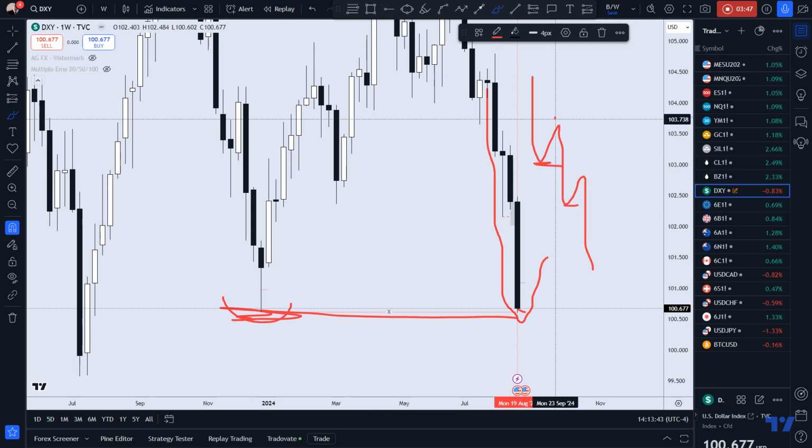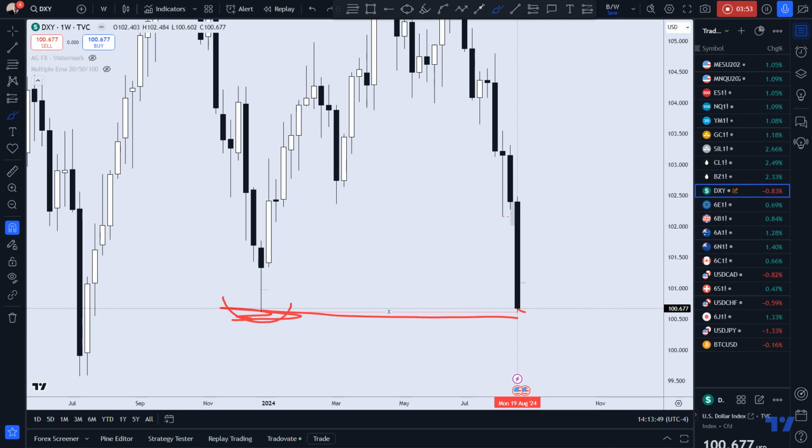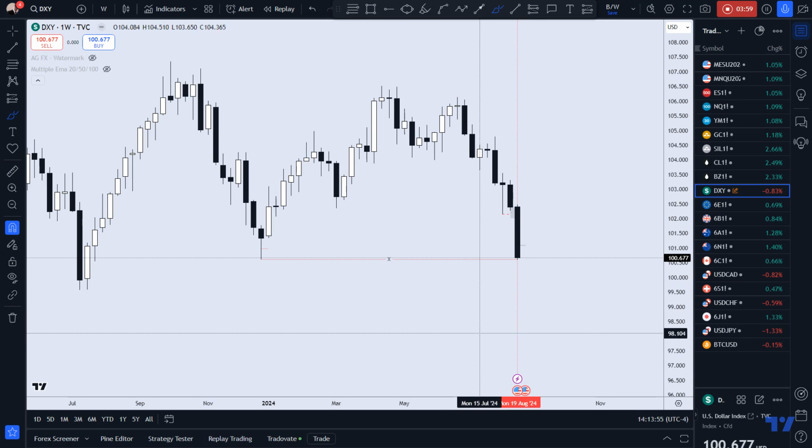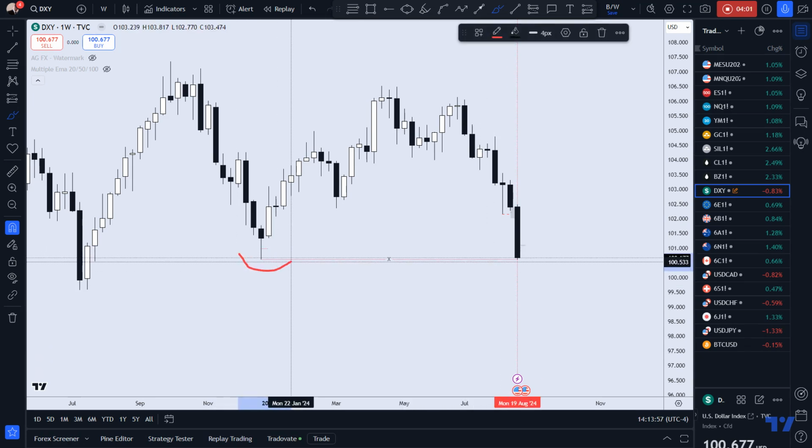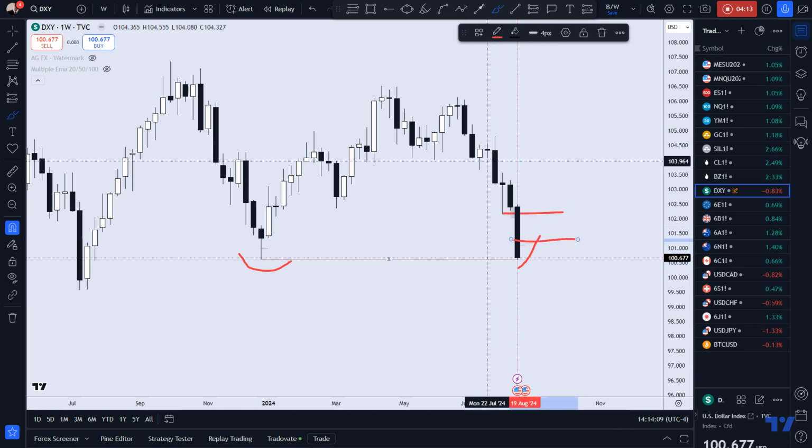That's what the internal to external, external to internal theory is all based on. Once price takes out an external target for liquidity, it'll go internal, which is fair value gaps.